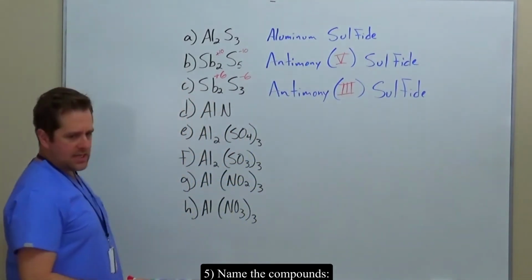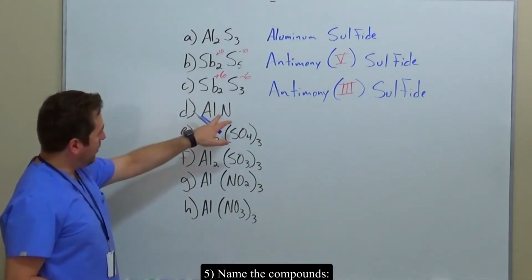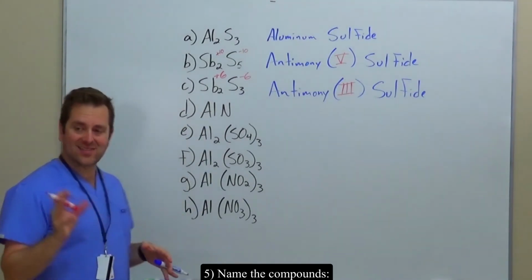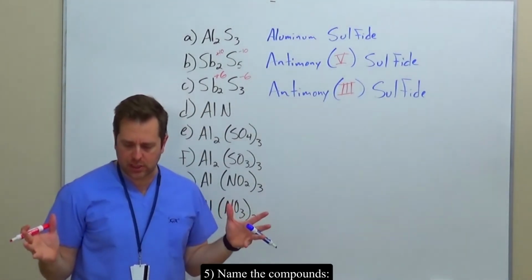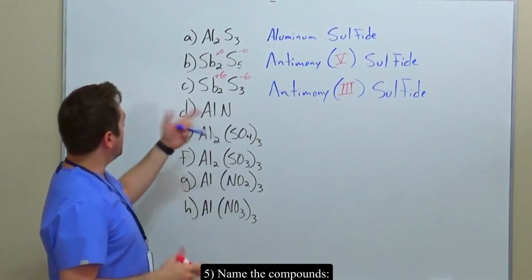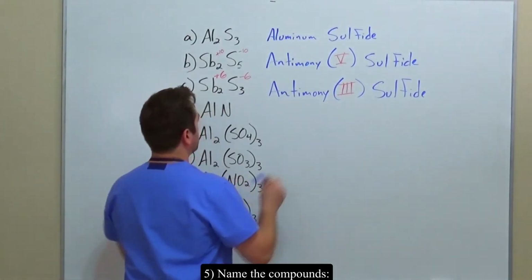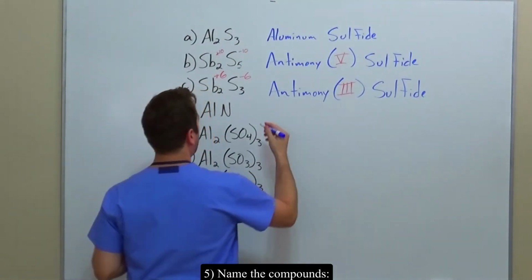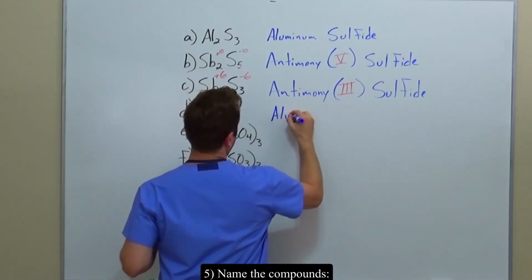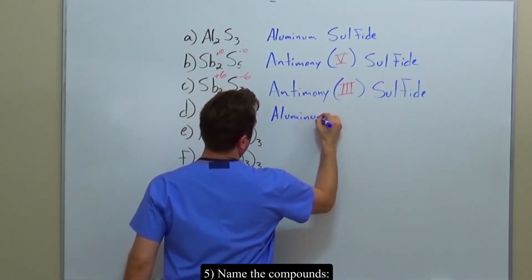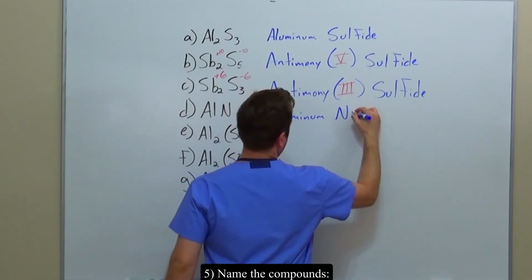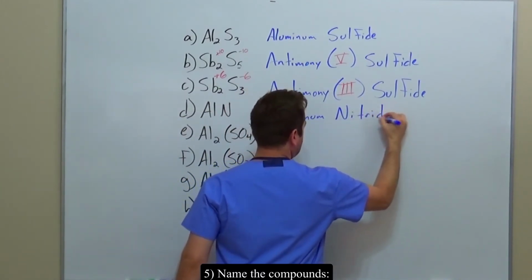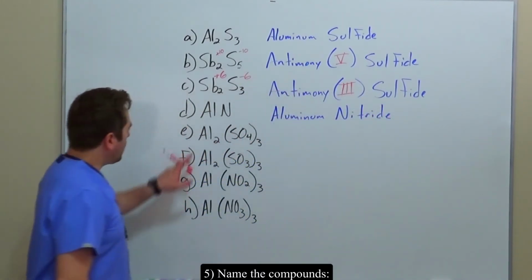All right, what about letter D? We have aluminum and we have nitrogen. Again, it's not a polyatomic ion in this particular situation, so we can just name it as a normal ionic compound. We have aluminum, and then we can just say nitride, -ide suffix. All right, what about letter E?